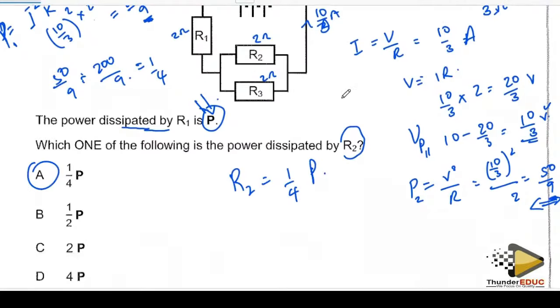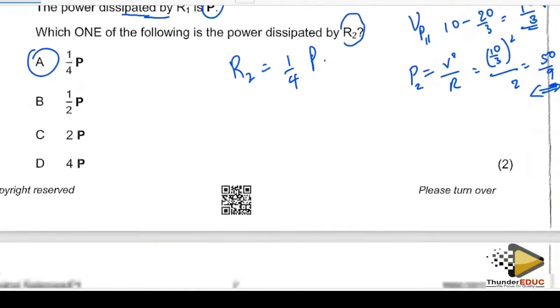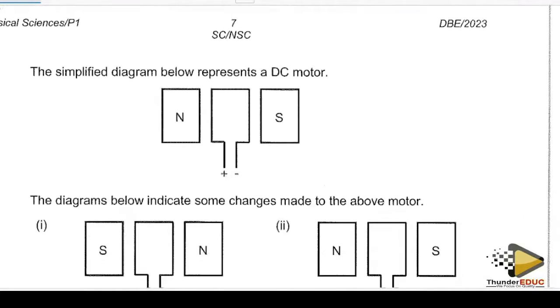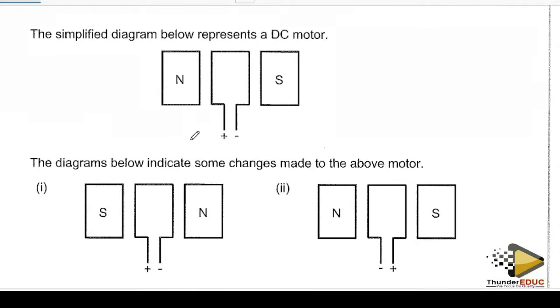So I just had to come up with numbers just to create an idea of what's going on there. Then 1.8, they're telling us that the following is a simplified drawing that represents a DC motor. One thing we know about DC motors or AC motors is that they use what we call Fleming's left-hand rule.